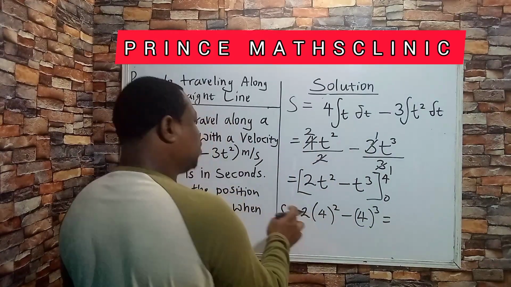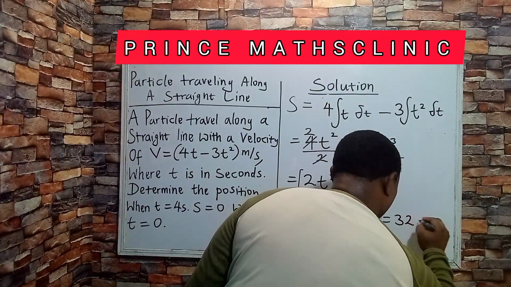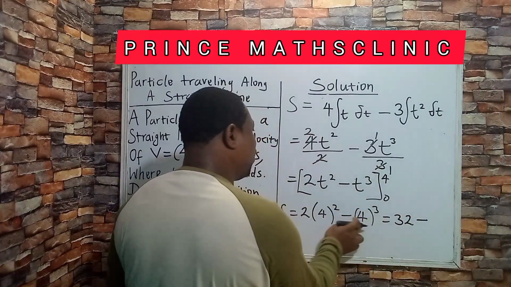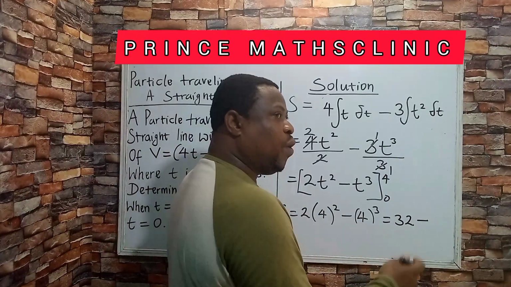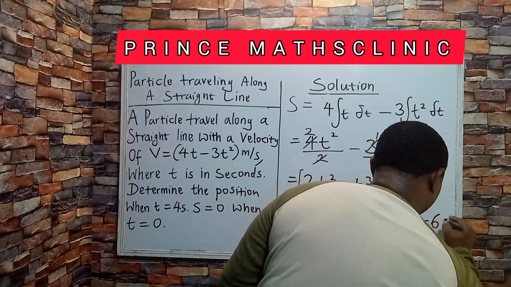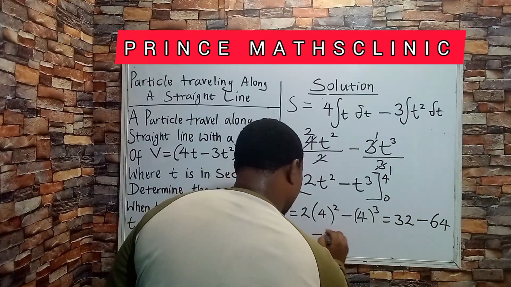Now 4 squared is 16, and 16 times 2 is 32. Minus 4 to the power of 3: 4 times 4 is 16, and 16 times 4 is 64. So 32 minus 64 gives us negative 32 meters.